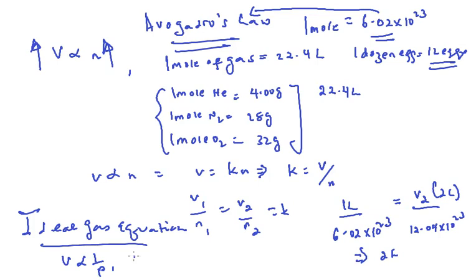And we also see that volume is directly proportional to temperature. That was Charles' law. We also noticed that volume is directly proportional to the number of moles of a gas. That was Avogadro's law. So we're going to combine these 3 laws, and finally we have to come up with some kind of equation. That's what the ideal gas equation is about.